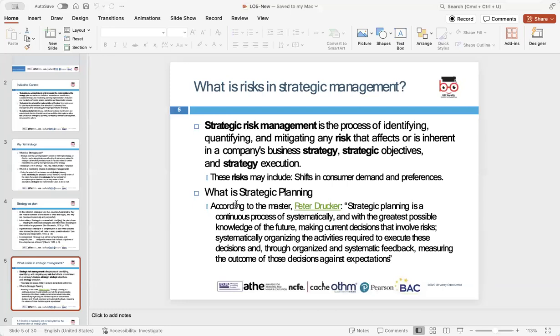This process helps organizations remain adaptable, allowing them to adjust strategies when unexpected risks arise. For example, shifts in consumer demand could require businesses to adapt their products or services. This flexibility is essential for mitigating potential risks and maintaining a competitive advantage in the market. Any questions so far?